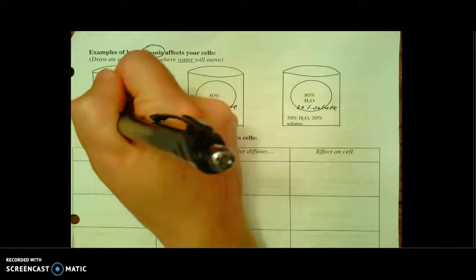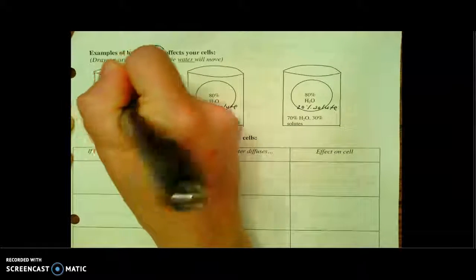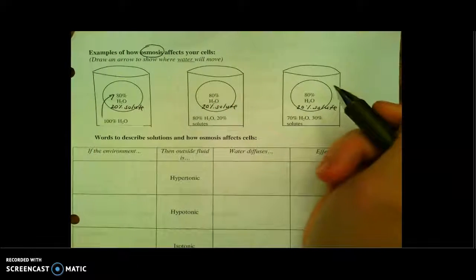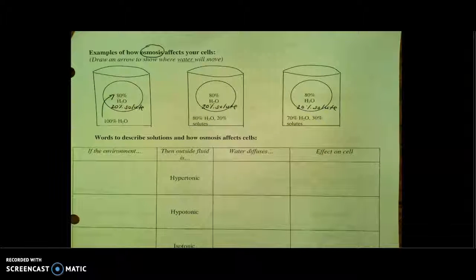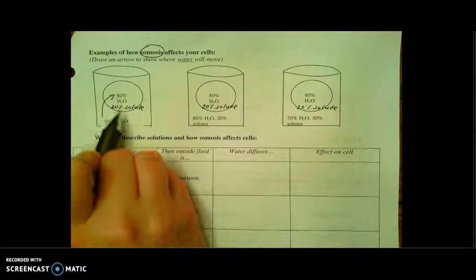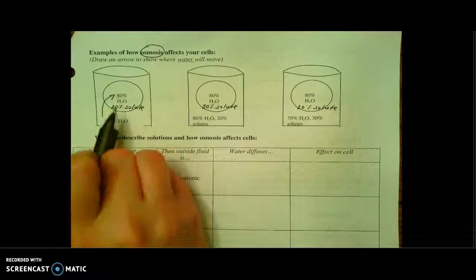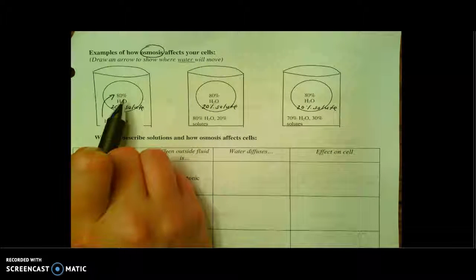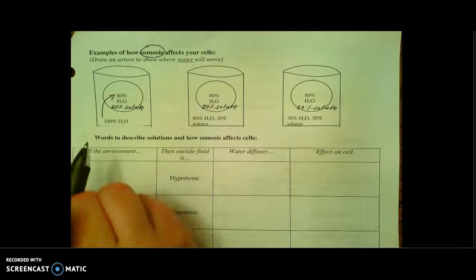Therefore, water will move from the environment into the cell. We also said that water will move to where all the solute is at. So the water is going to try to get into the cell, because that's where all the solute is, to try to break up some of that solute and balance things out.